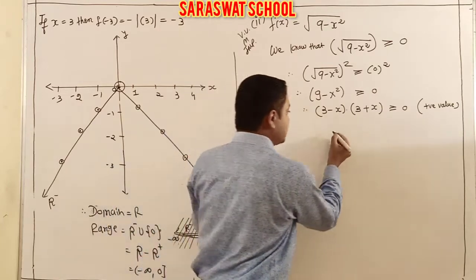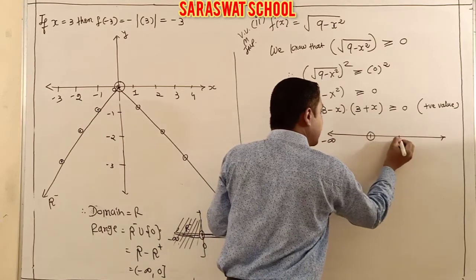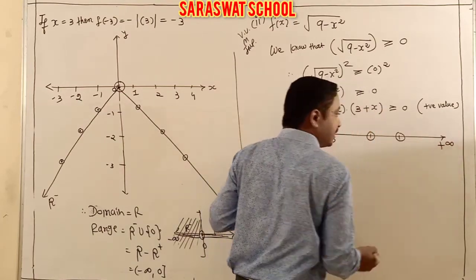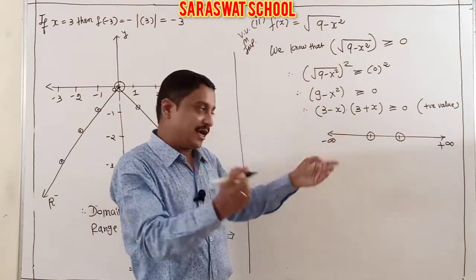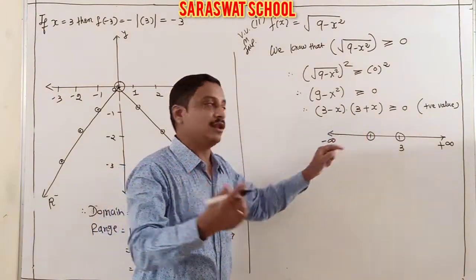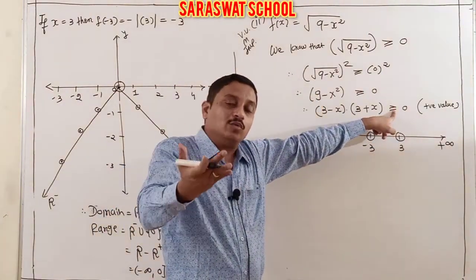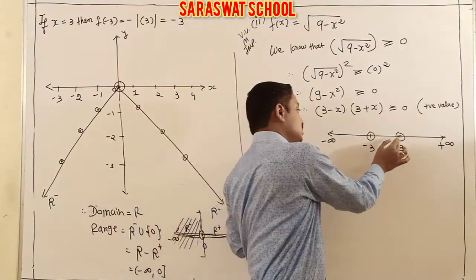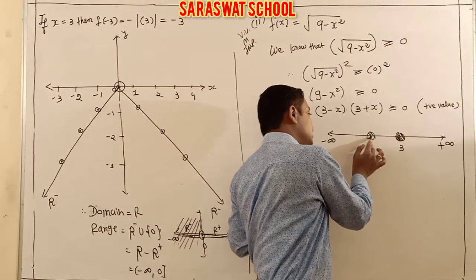So before starting these cases, you just draw 2 simple drawings and 2 values are there. If you take 3 minus x equal to 0, surely x equal to 3. And if this equal to 0, surely minus 3. And here given greater than or equal to, so or equal to means these numbers are included. Similarly, minus 3 is included.